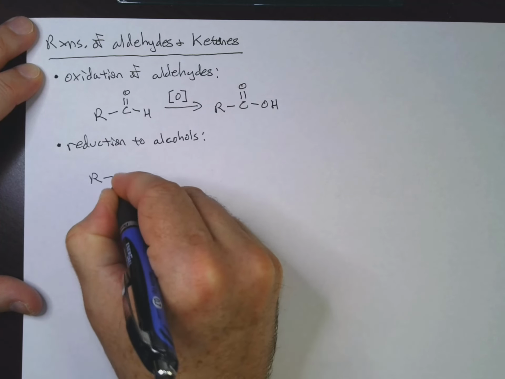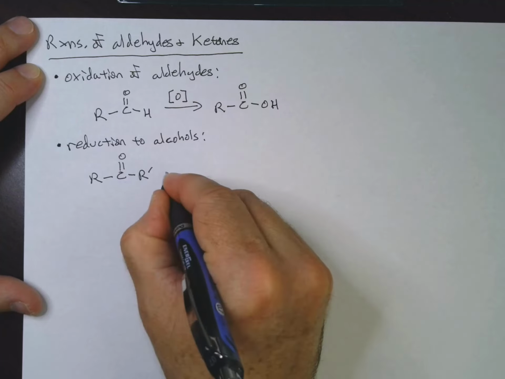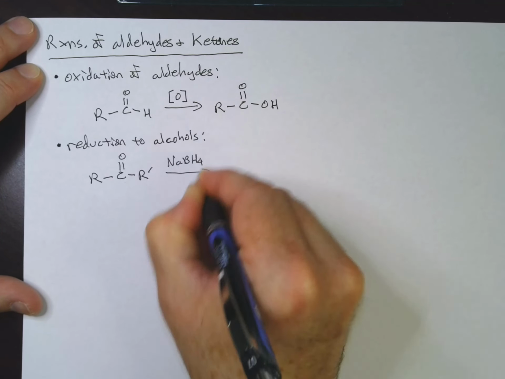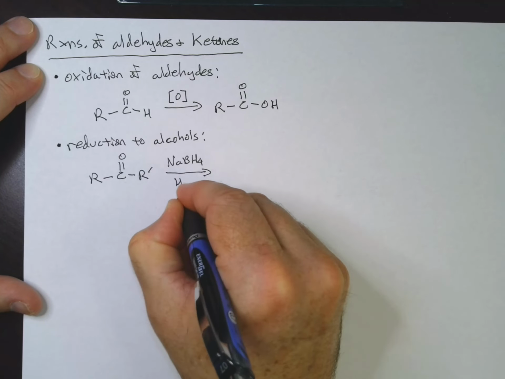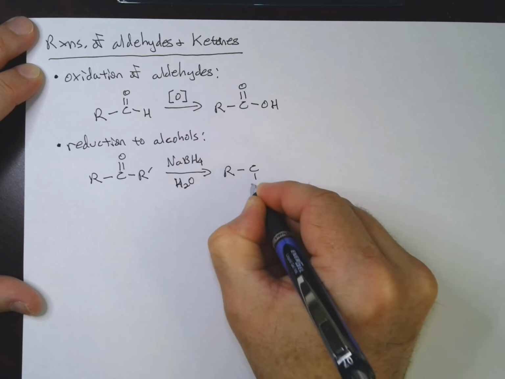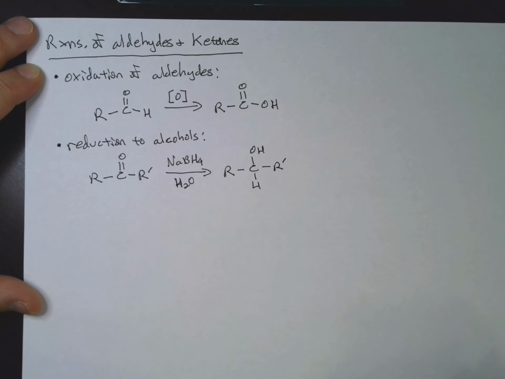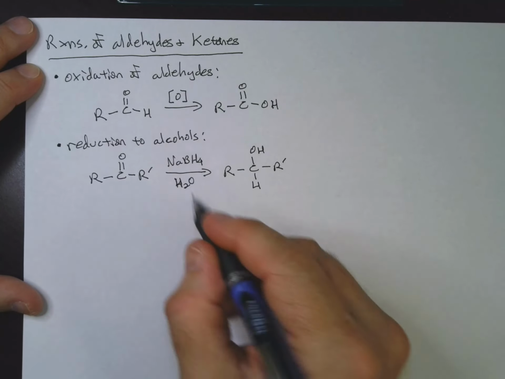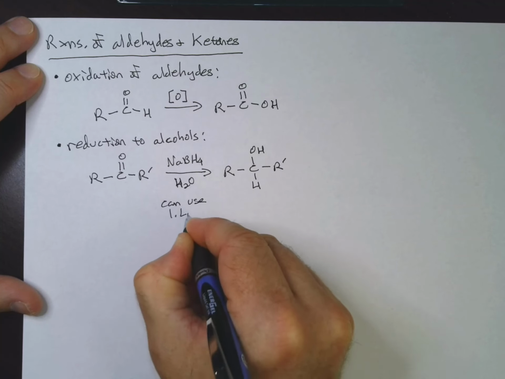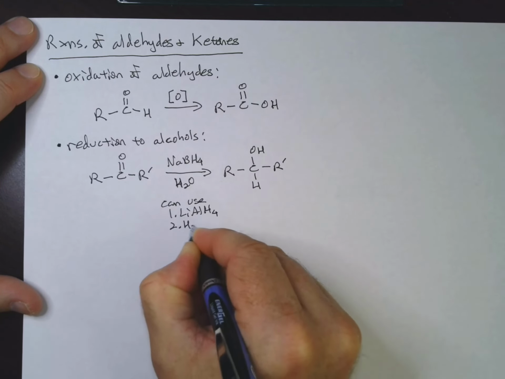If I have R, C, R prime, double bond O, and I do NaBH4 and water or methanol, I'll get R, C, H, OH, R prime. And we can use 1. LiAlH4, 2.